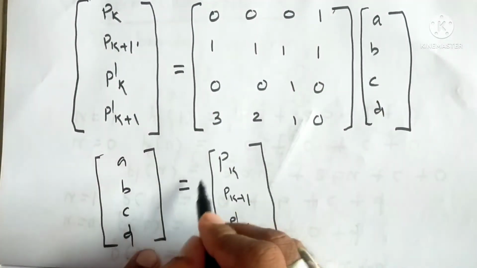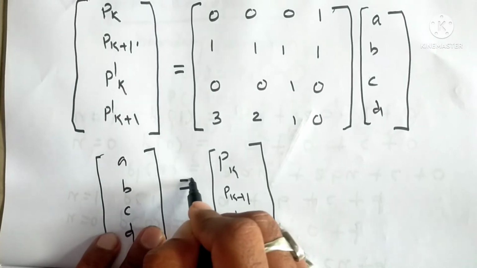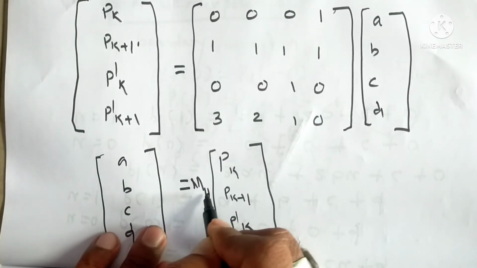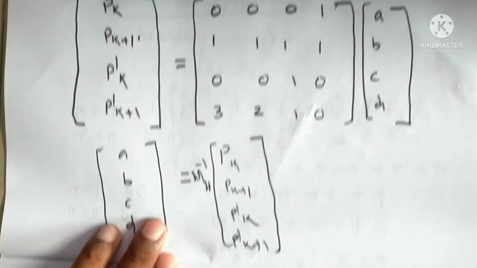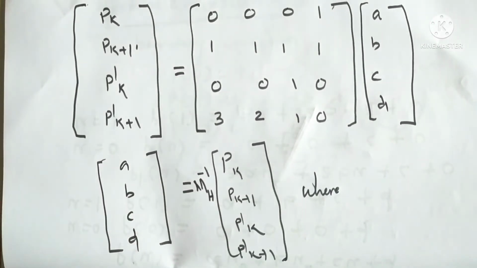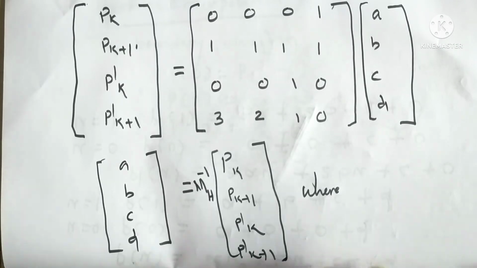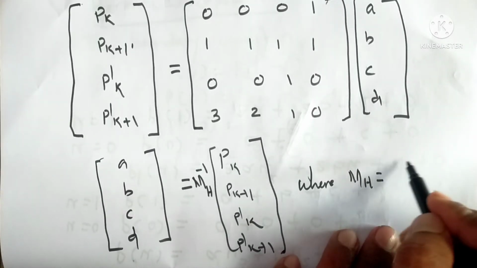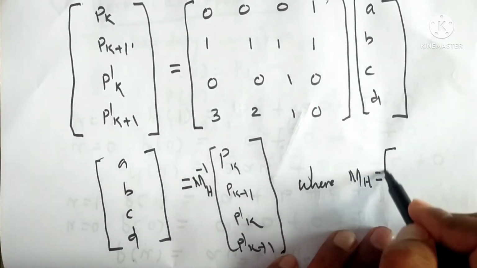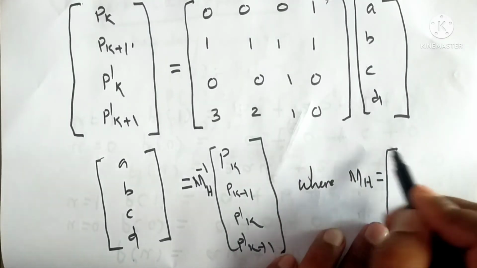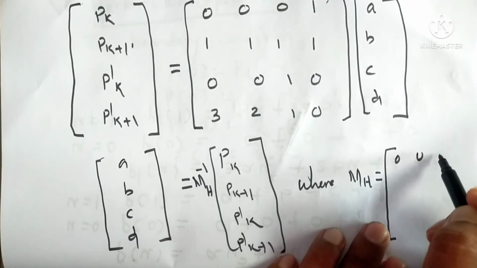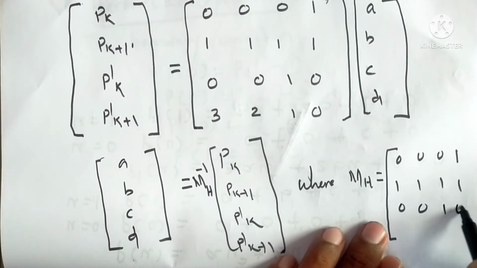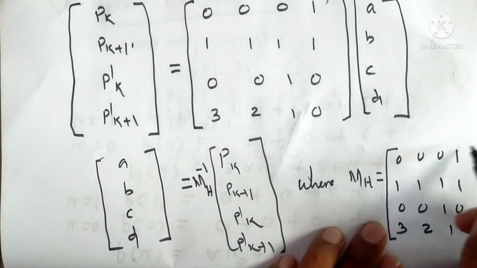I am writing the matrix MH, the matrix meant for Hermite interpolation, that is M inverse, where MH equals to 0, 0, 0, 1, 1, 1, 1, 1, 0, 0, 1, 0, 3, 2, 1, 0.